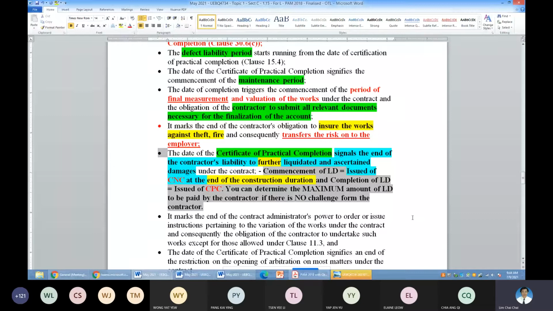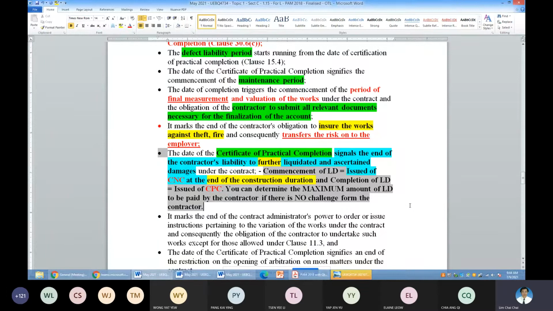If the CNC is issued at the end of the construction period, the next day will be the beginning of the computation. And then the end day will be the CPC date. Then you can know the maximum amount. But please differentiate the late issue of CNC. The late issue of CNC means the employer cannot start deducting. The employer can only start deducting after the official CNC is issued.